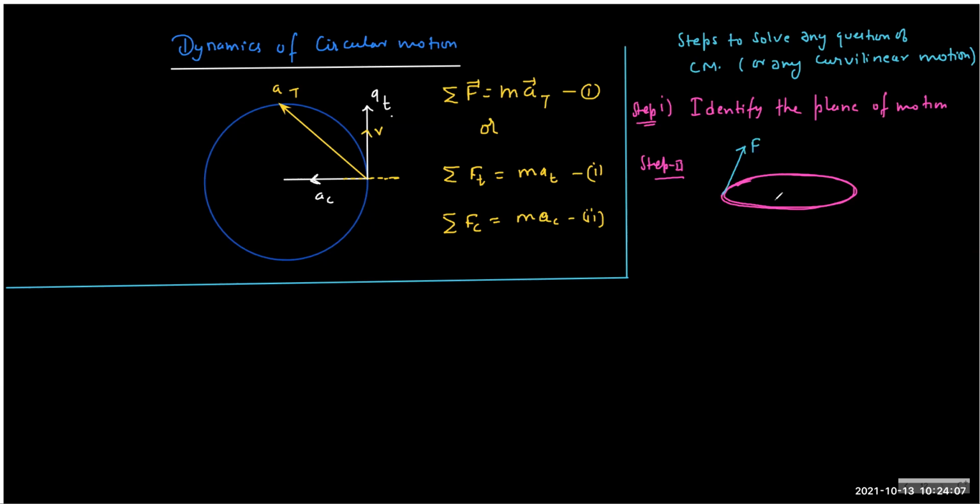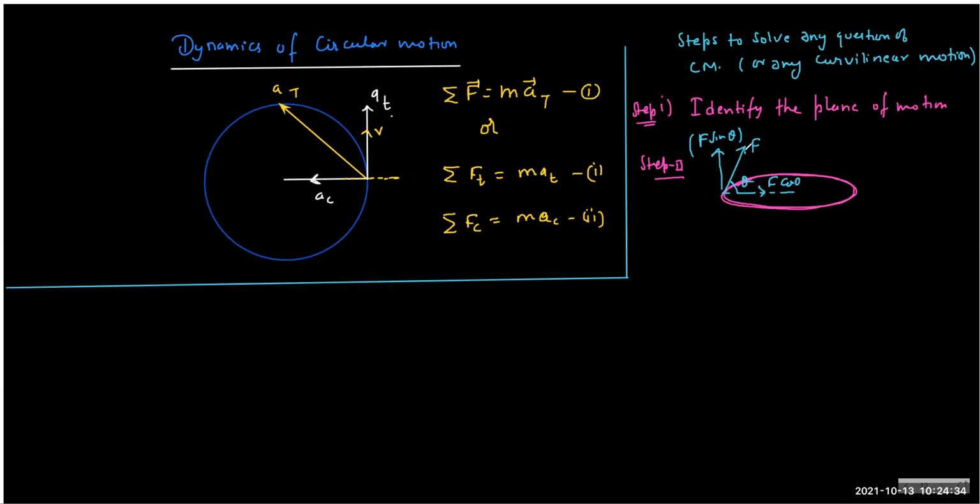Here the force is not acting in the plane. So I may resolve this force this way, maybe some F cos theta, but I will also have a component like this, F sin theta. This kind of resolution is called resolving the force along the plane and normal to the plane.